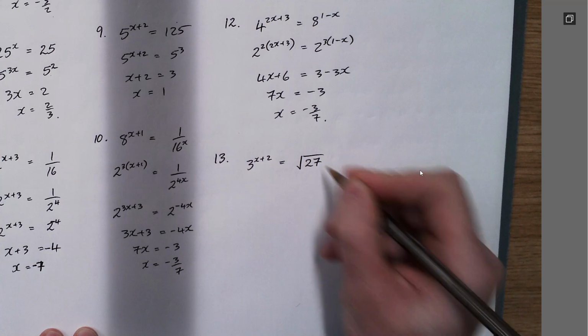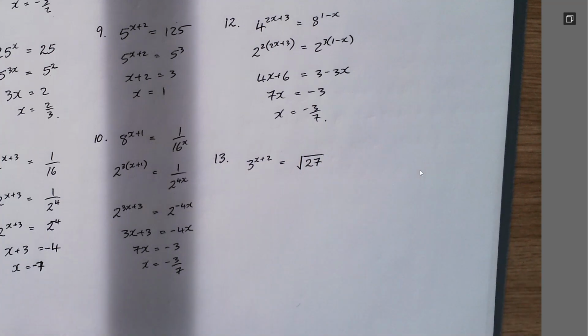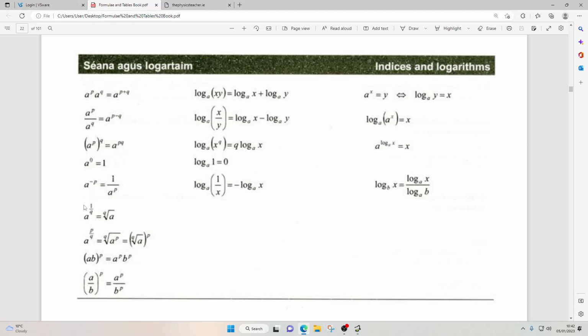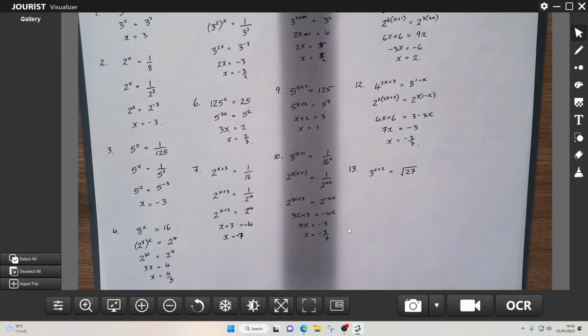These are the formulas for the square root: the square root of a equals 1 over a.